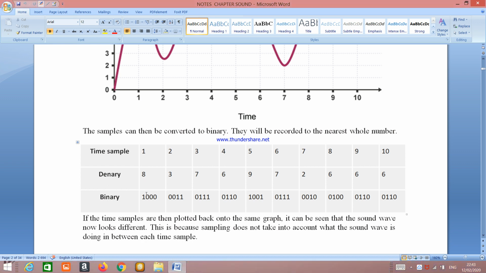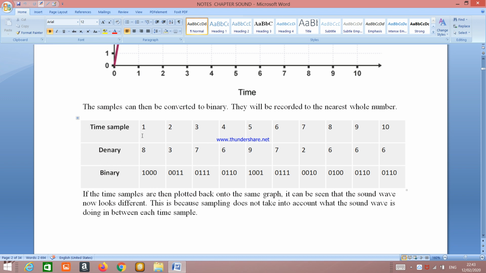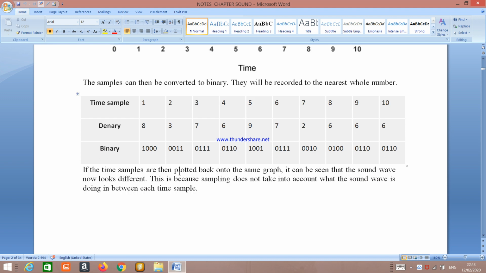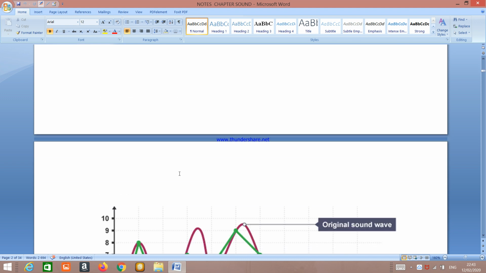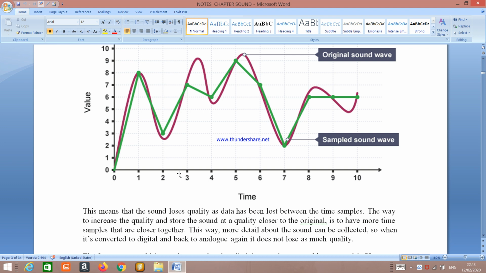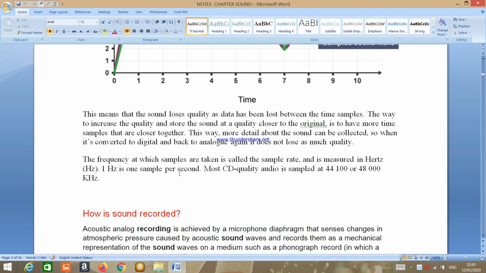We can save it in digital format. So every 1 second we are collecting the amplitude of the wave and converting it into digital binary format. This is what is called sampling. Sampling means converting the analog signal into digital form at regular time interval.